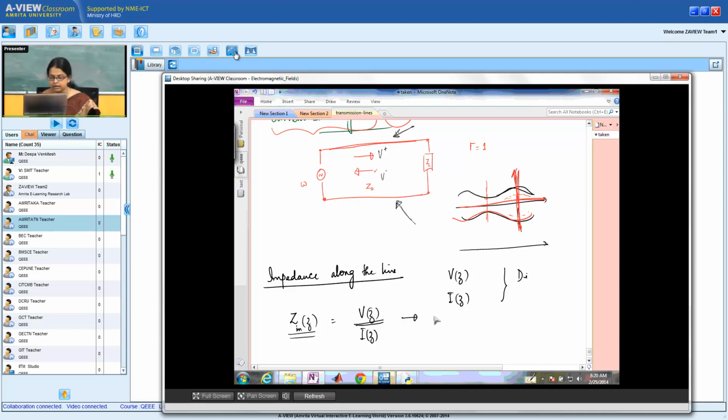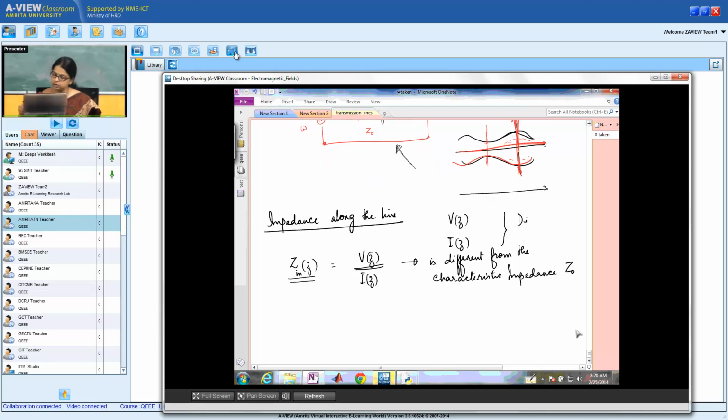Now what I want you to note is that this is different from the characteristic impedance Z0, which is decided by the physical parameters or the way you make the line.